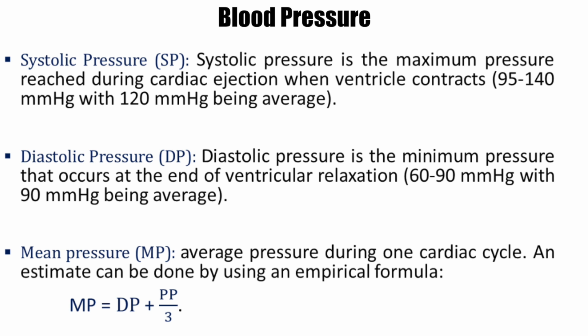Mean pressure is defined as average pressure during one cardiac cycle, and its estimate can be made by using an empirical formula. Mean pressure is equal to diastolic pressure plus 1/3 of pulse pressure.